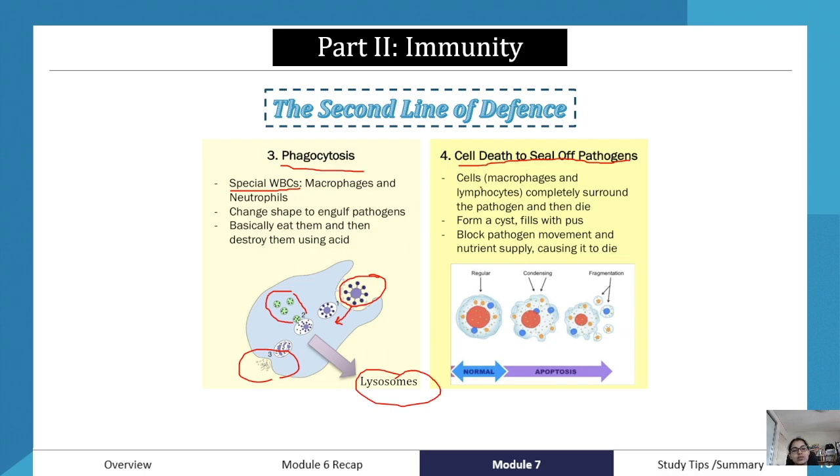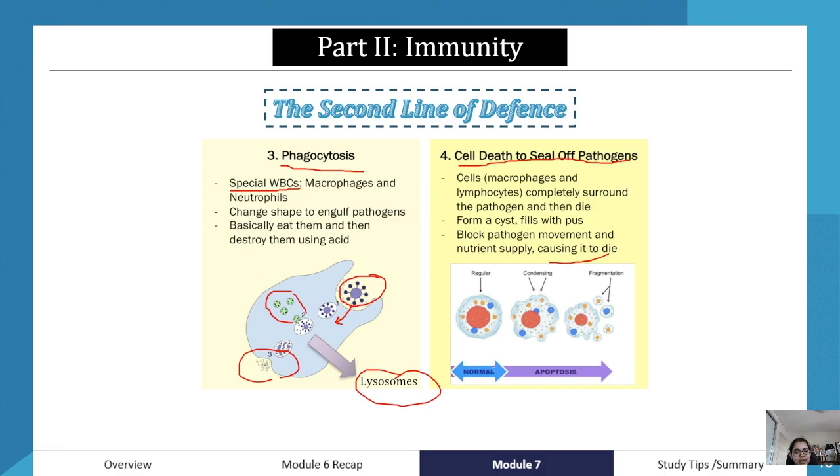Then we've got cell death to seal off pathogens, and this is known as apoptosis. This involves the cells, which this time are macrophages and lymphocytes, which completely surround the pathogen, and then they die. They form a cyst filled with pus, and through that they block pathogen movement and also block the nutrient supply to the pathogen, which causes it to die.